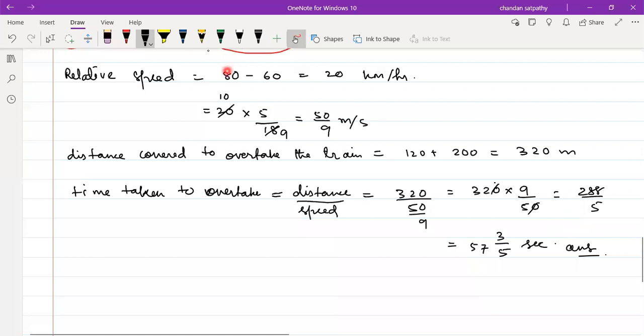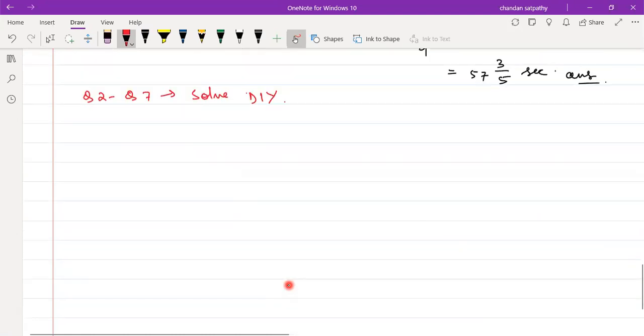So question number 2 to question number 7, you have to solve on your own, because I've already explained these examples. Do it yourself. Now we will see question number 8. Everyone go to the next page and take out question number 8.